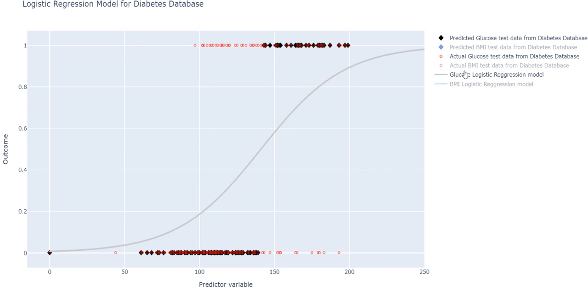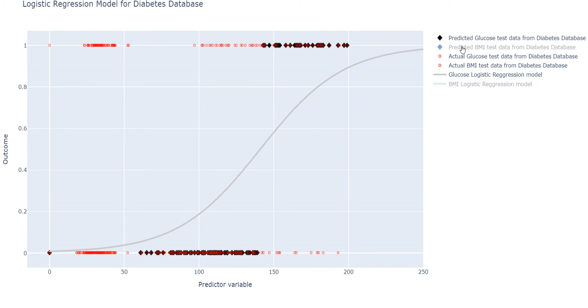If we try to plot our actual glucose test data with our actual BMI test data, while also looking at our predicted glucose test data with our predicted BMI test data, our glucose logistic regression model with our BMI logistic regression model side by side, we can visually see all the data, but it is hard to compare our classifiers without another method.